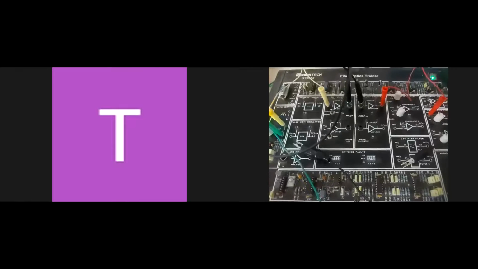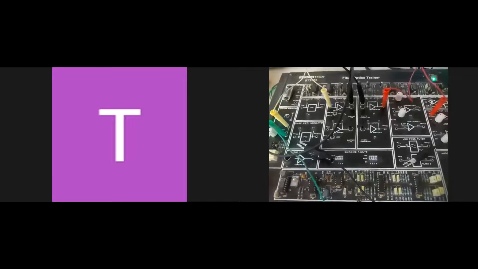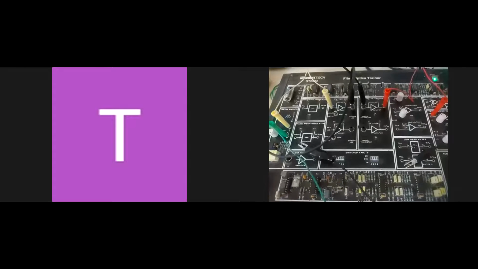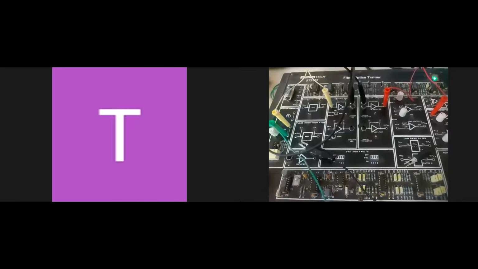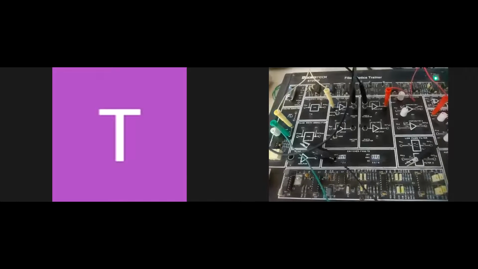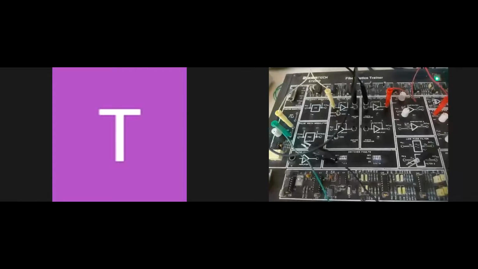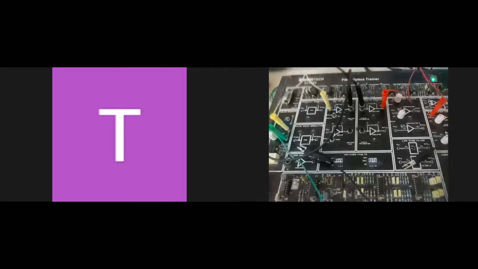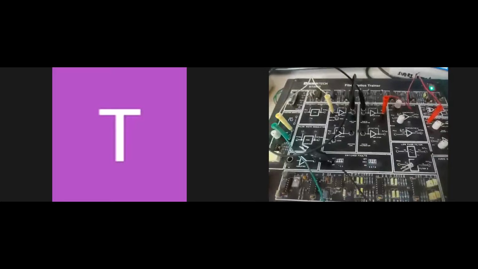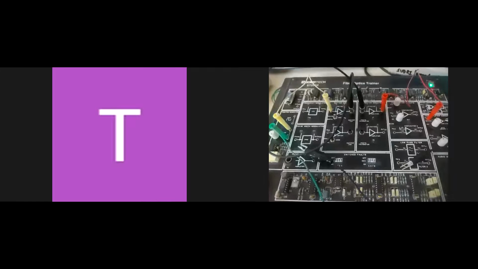Give the answer. What we have studied in this experiment. Yes, Minal, can you tell? At least you are trying, that is good. What we have done in this experiment, Minal? Pratiksha.